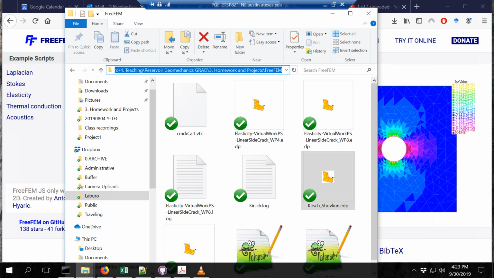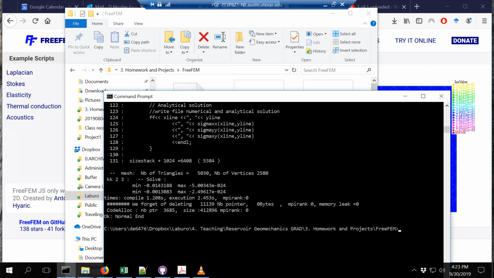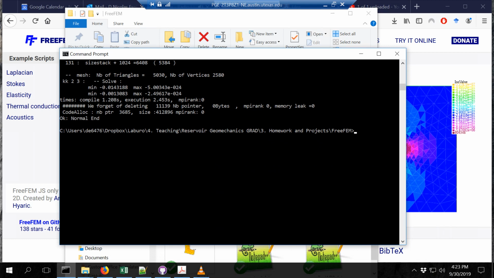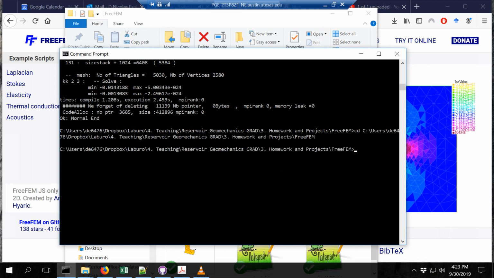So what you have to do is you go to open a terminal or a command prompt in Windows, or if you are on Mac, I think it's just called terminal. You go to that particular location with CD, and then you paste the address. I'm already there, right?